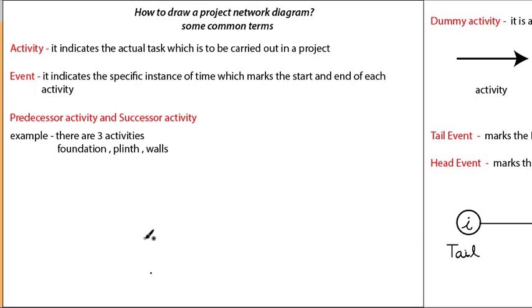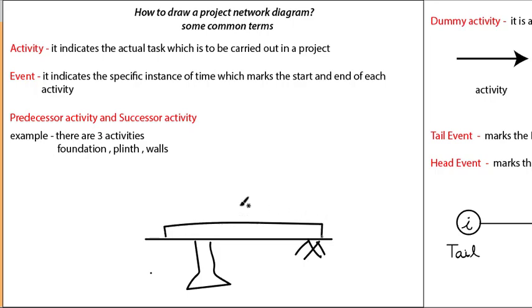For example, consider this as the ground line. You put on some footing here, foundation or footing, whatever. Then you construct the plinth. Then you construct the walls, right? First you have done the foundation, second you put on the plinth, third you do the walls. Consider this plinth.